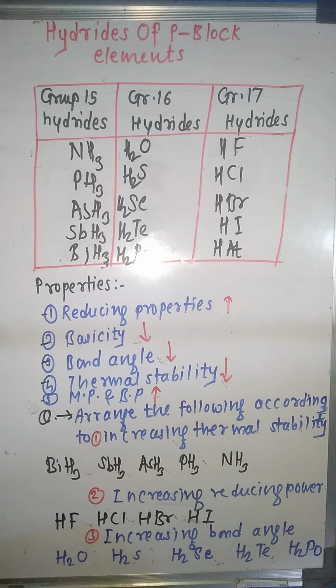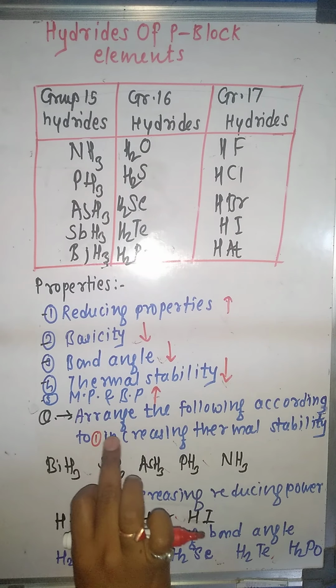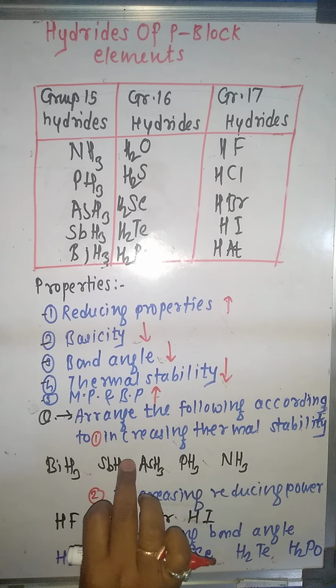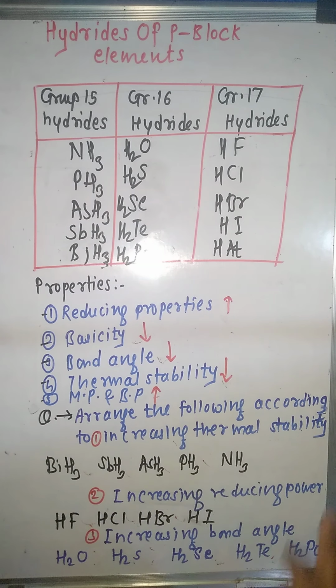So in the examination, questions are asked like this: arrange the following hydrides according to their increasing thermal stability, increasing bond angle, decreasing bond angle, increasing basic character, decreasing reducing property, like this. So, for example, arrange the following according to increasing thermal stability.